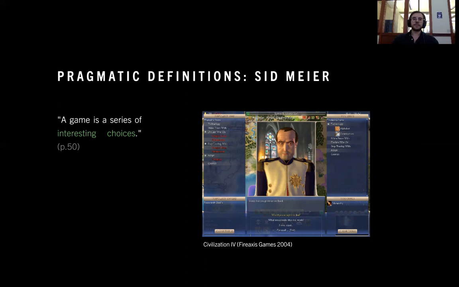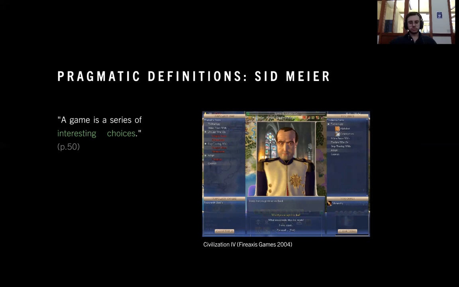And one of the most famous pragmatic definitions is a game is a series of interesting choices, as we know from Sid Meier, the creator of the Civilization series. And for him, a good game is defined by which choices we are given as a player and whether these choices are meaningful.